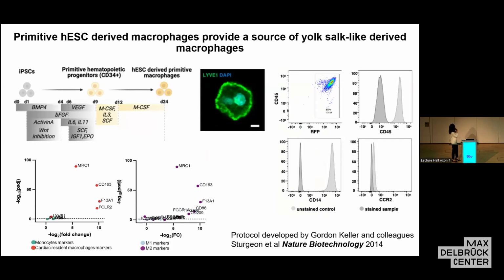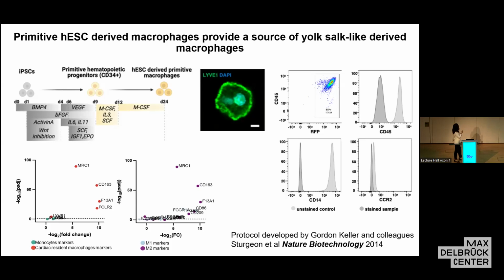So using these protocols that are basically developed by Gordon, we were able to differentiate something that looks like a primitive macrophage. So these cells express LIVE1 and they're CCR2 negative. People usually also ask us, how about other markers that map with M2 macrophages?